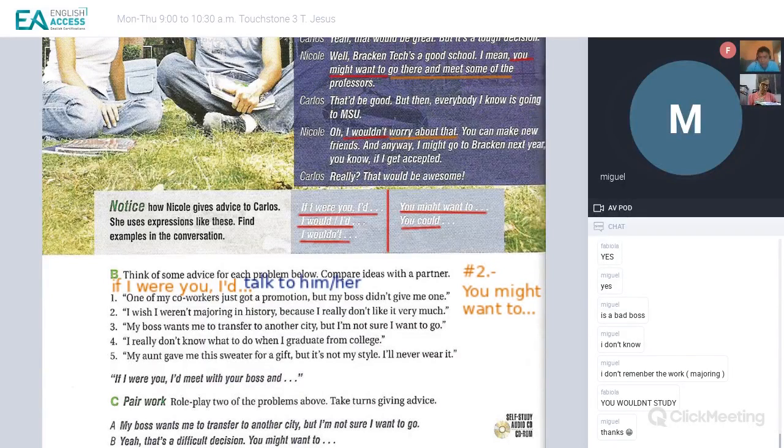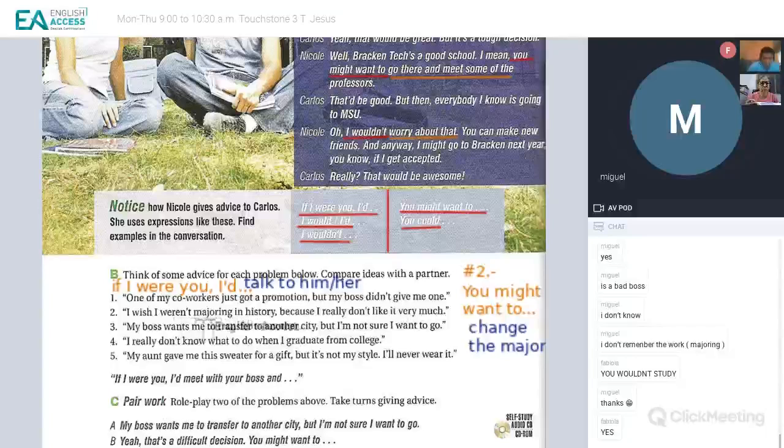What would you do? To change of majoring. Change the major. There, just like that. What do you think? Easy? Easy.